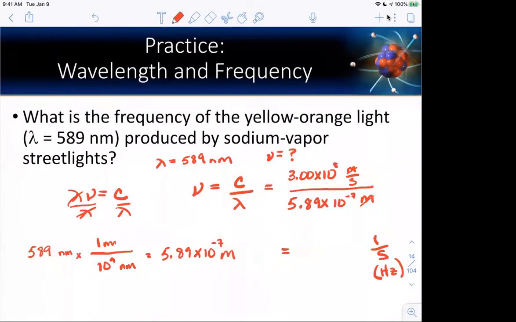So I have 3e8 divided by that lambda, and what I get is 5.09 times 10 to the 14th hertz, or times 10 to the 14th 1/seconds, or second to the minus 1. Those are all going to be equivalent. So this isn't so bad. I can use this equation, lambda nu equals c, in order to calculate various wavelengths and frequencies of the electromagnetic radiation that I'm interested in.